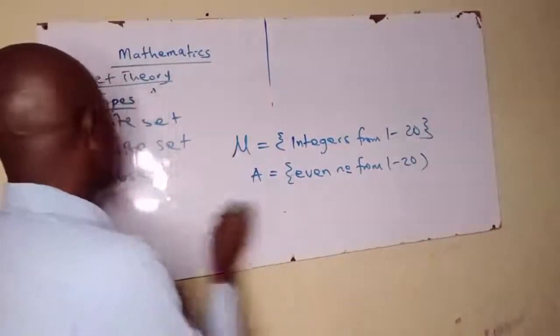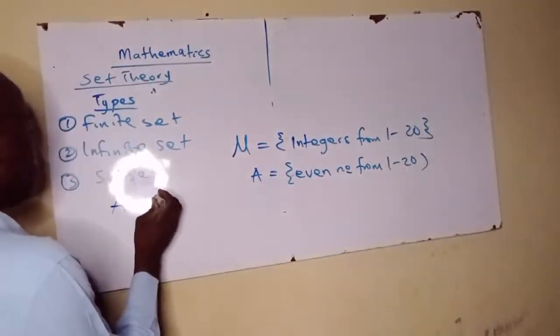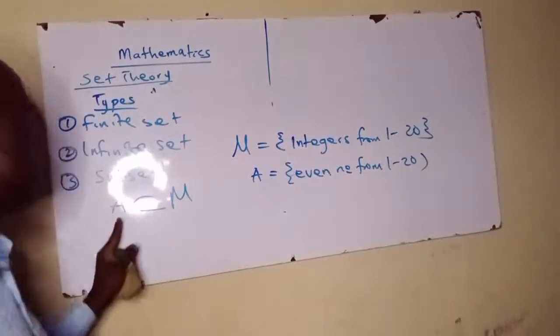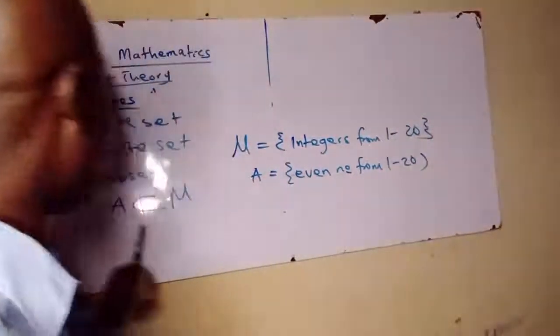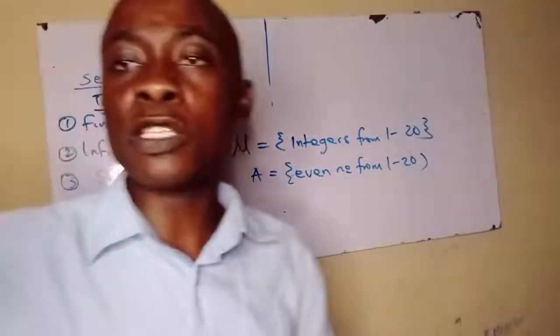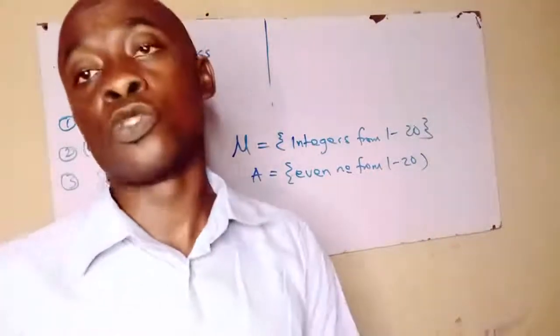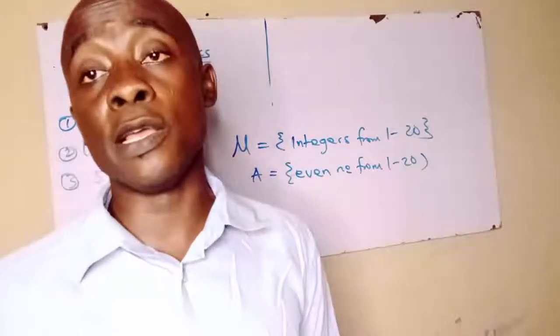If I want to represent it, I will say A is a subset of mu. That is the symbol that is used to represent subset. What mu contains, A contains some of it, or even all of it. In as much as it contains all of it or some of it, then it's also a subset.